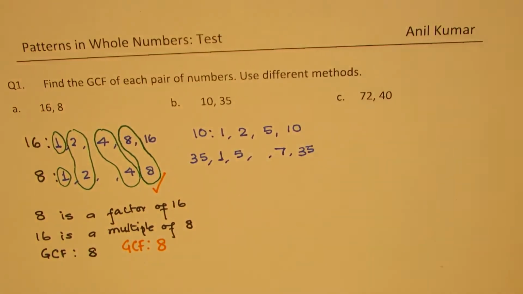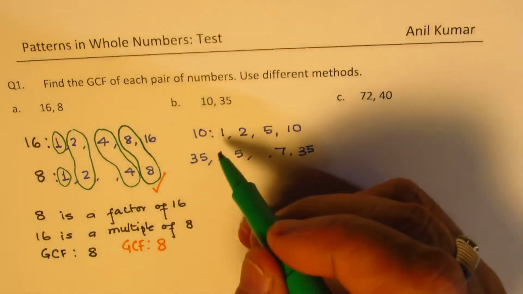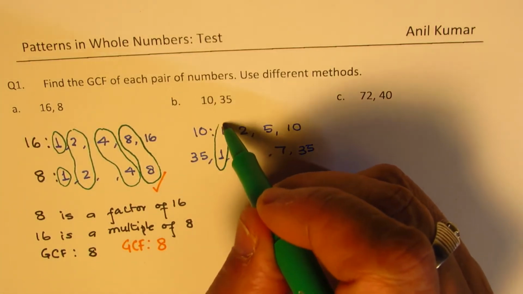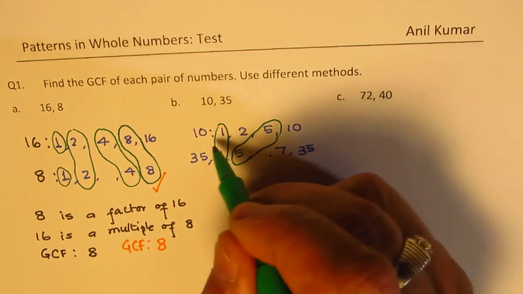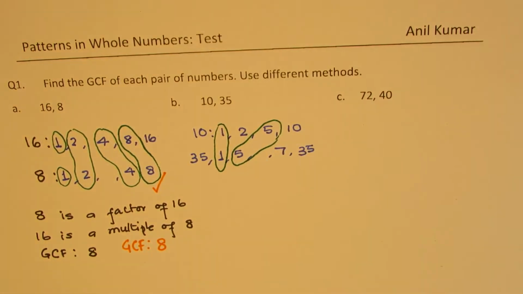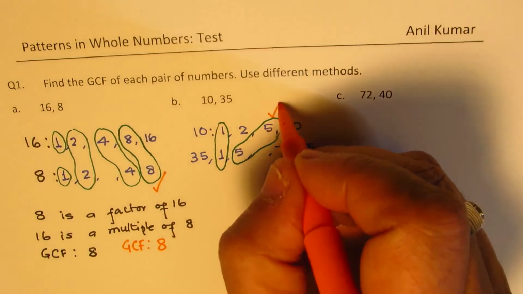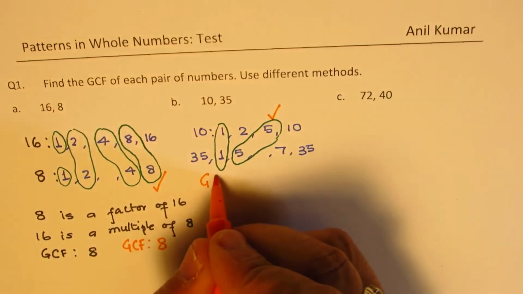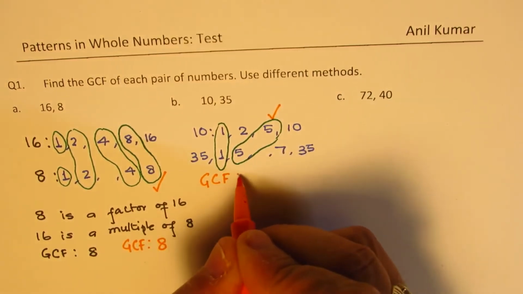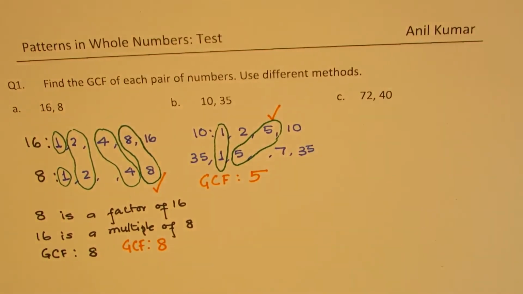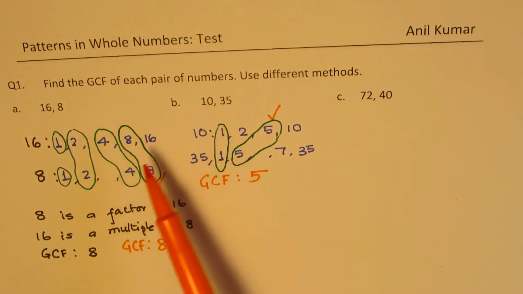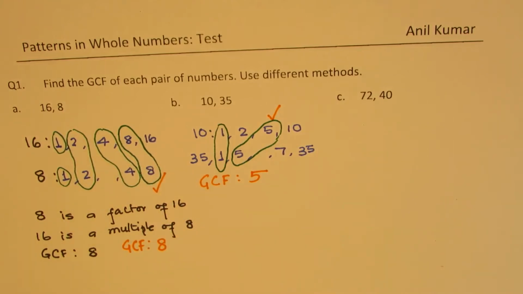So if you match this, what we see is 1 is always a common factor, correct? And the other common factor is 5. So these are the 2 common factors, out of which 5 is the greatest common factor. Correct? So this time we did this using the second method.